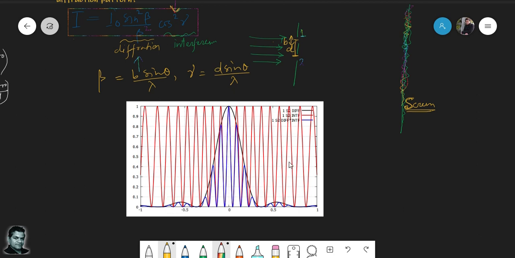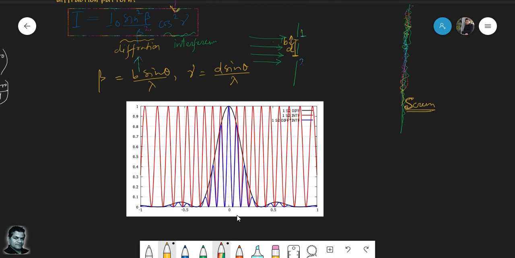And what is this red curve? This red curve is the interference curve. So this black curve is the first term, the diffraction term, and this red curve is the second term, the interference term, cos square gamma. And when you combine them, you get this blue curve.